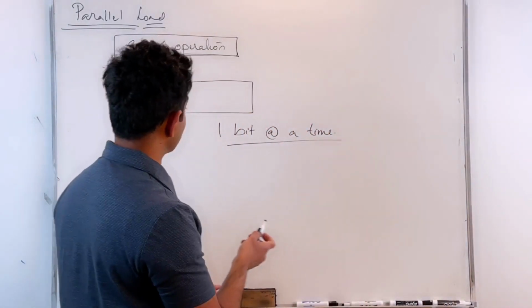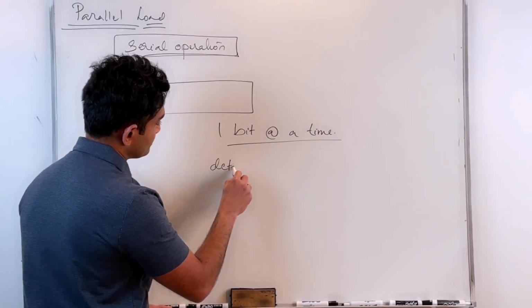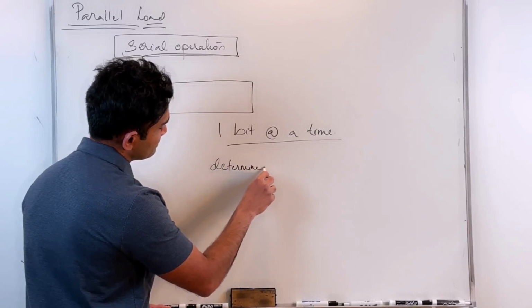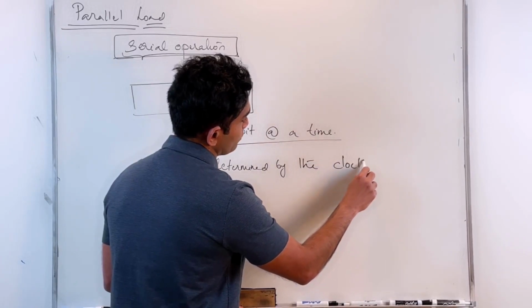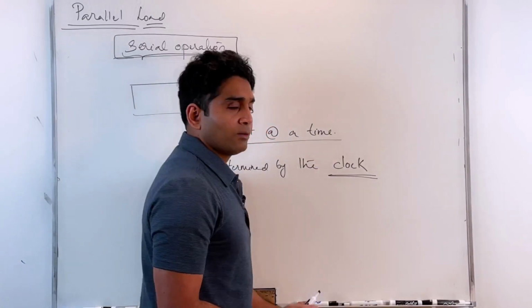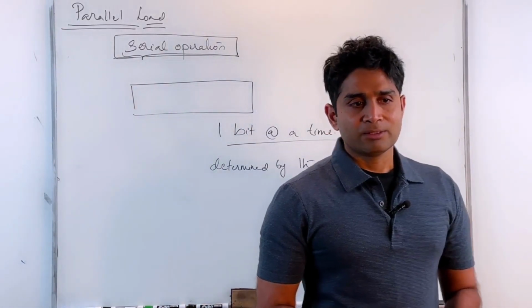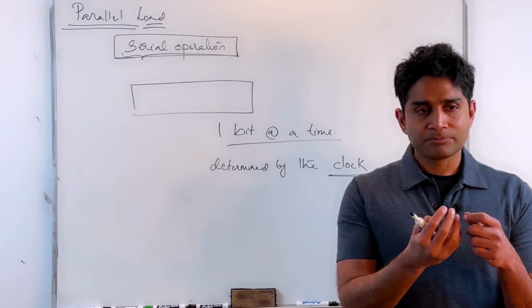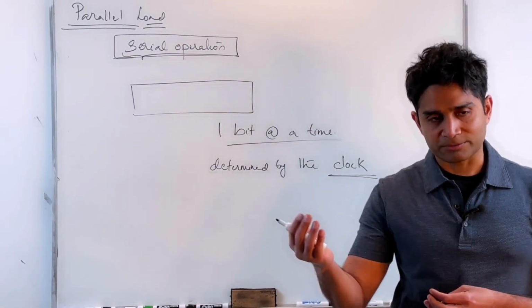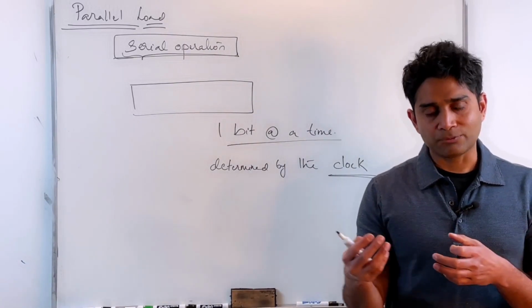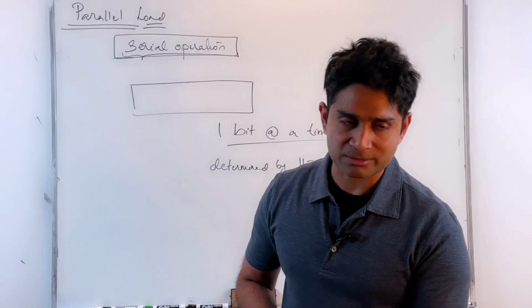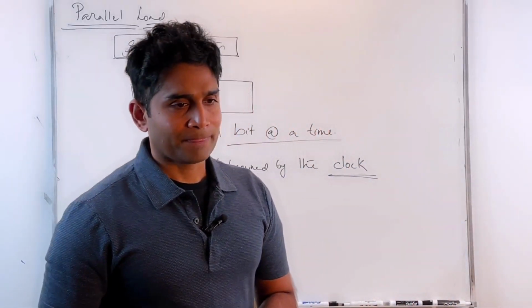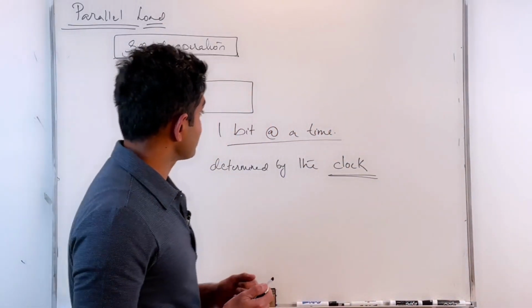And again, that is determined by the clock. Because your clock is the timing signal here. Everything works with respect to the clock, right? So I'm getting one bit at a time, with each clock pulse, with each active edge or triggering instance of the clock pulse. Okay, so that's synchronized with the master clock.